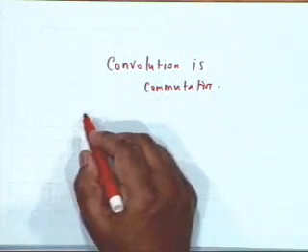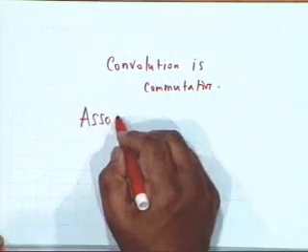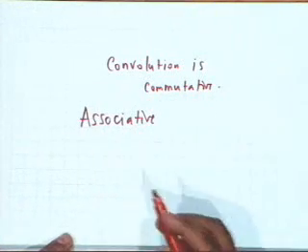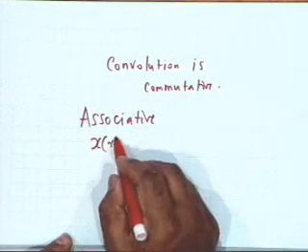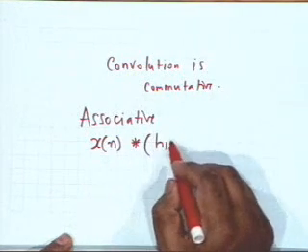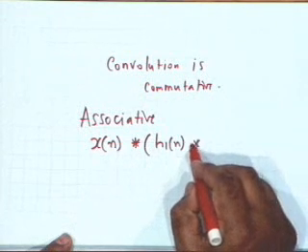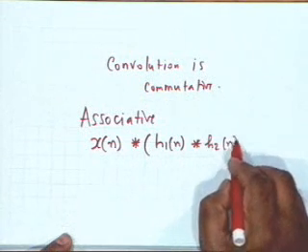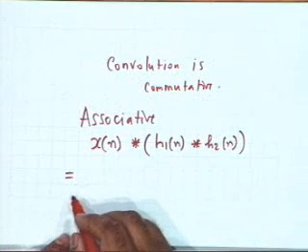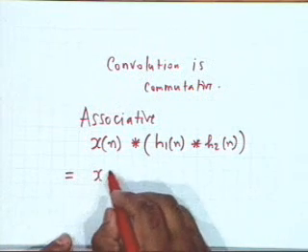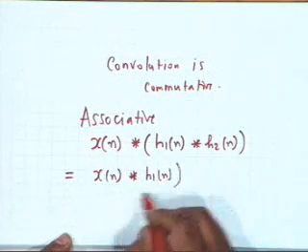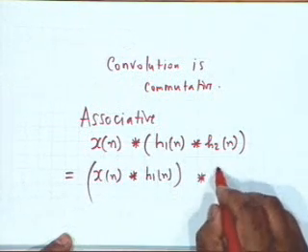Convolution is also associative. This operation is also associative, which means that if you have x of n to be convolved with, let's say, h1 of n, which is convolved with h2 of n, then this is equal to, it doesn't matter what you do first, you can first convolve with h1 of n and then convolve with h2 of n.